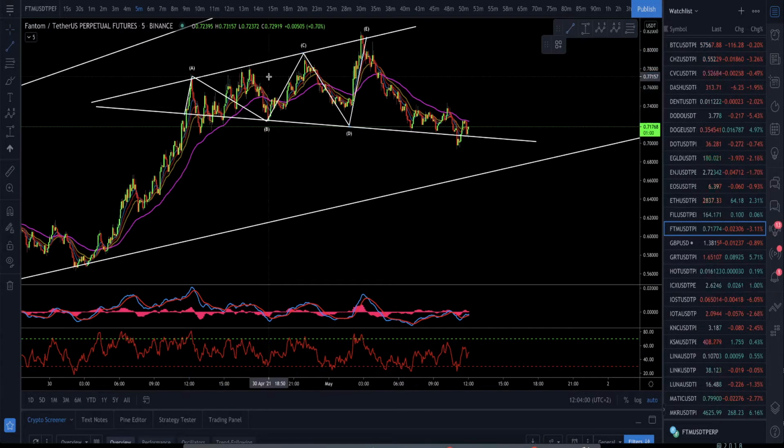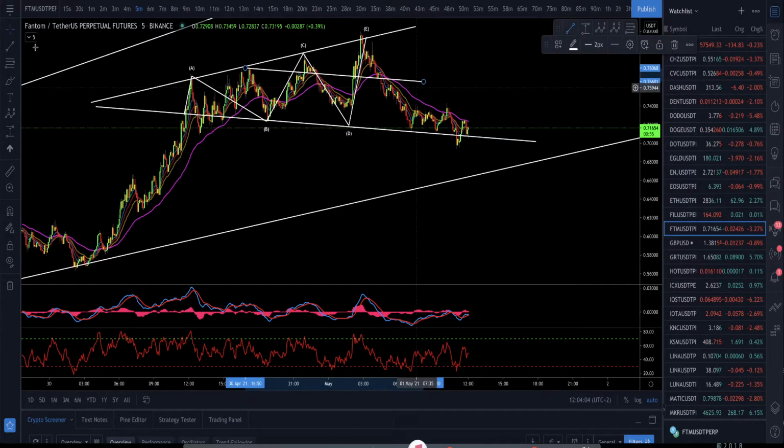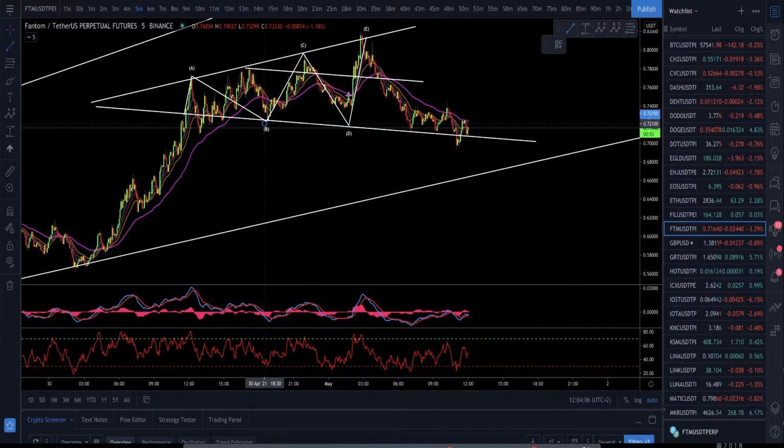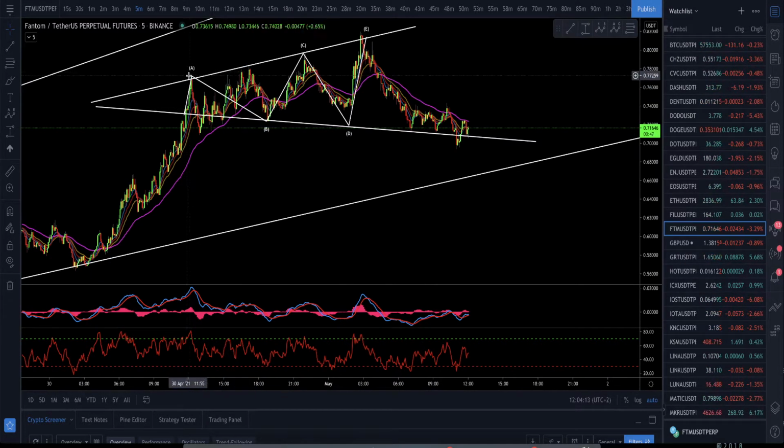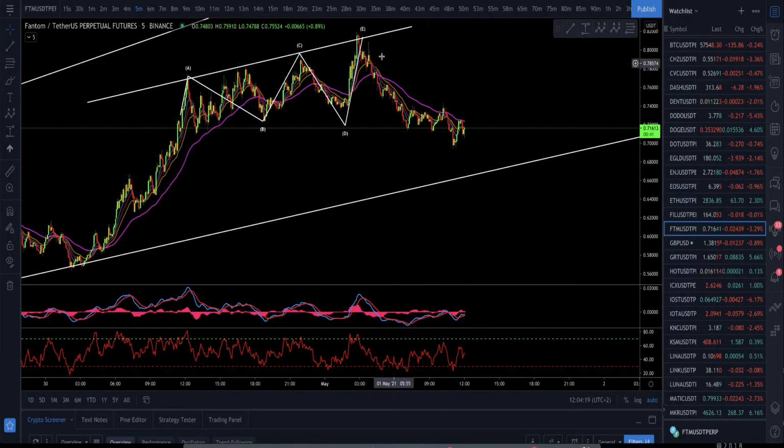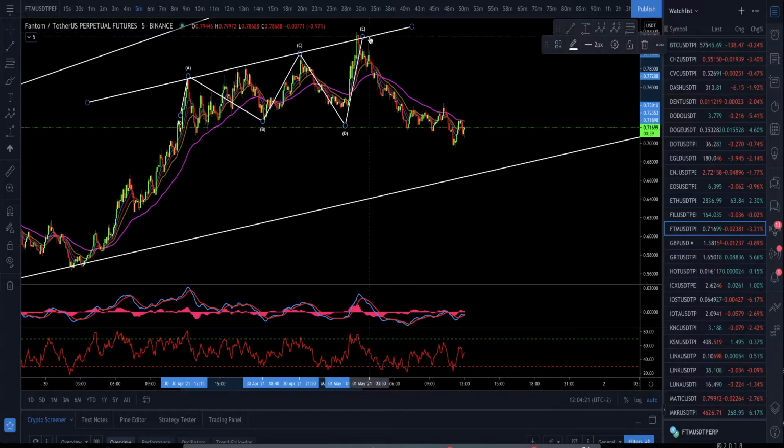But most of the people looking here, looking for a triangle breakout to enter a long trade. But that's not how I look at the market. I look at reversed triangle or reversed falling wedge or reversed rising wedge. See, in this case, you can see the FTM topped all over there.